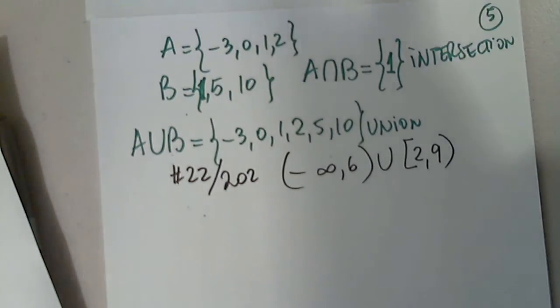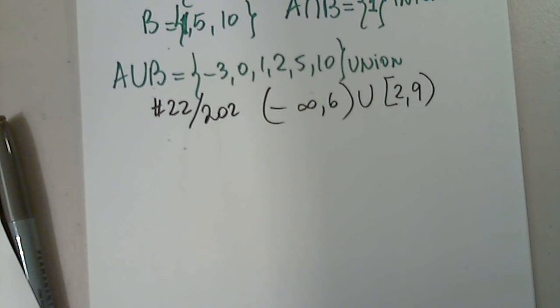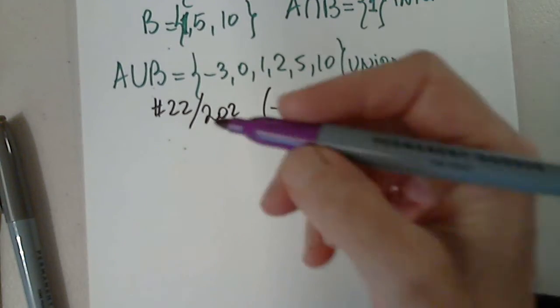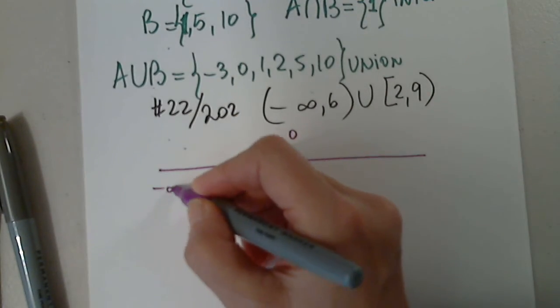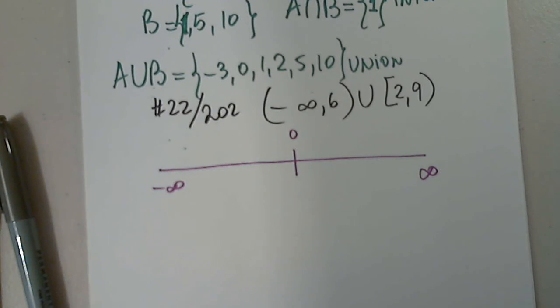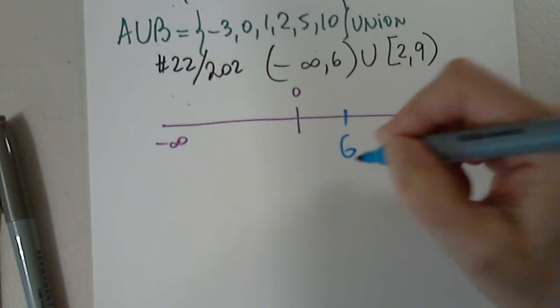And you can say, I don't see this, and I will have to agree with you. This is not clear what I need to do. So I'm going to graph. 0 is always in the middle, -infinity to infinity. I will use blue for -infinity 6. I don't care for units. So I'll say this is 6.